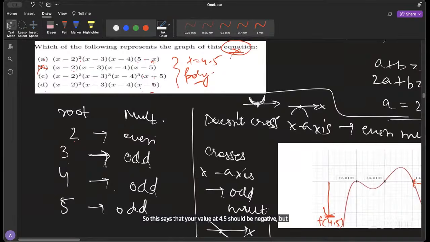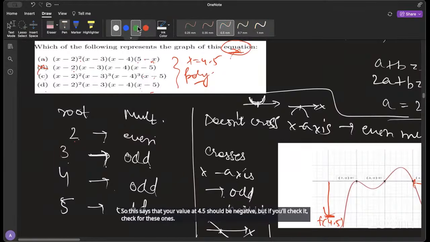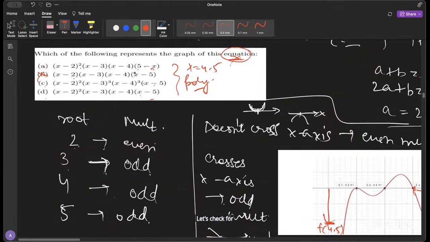But let's check the first option. If I put in 4.5, then 4.5 minus 3 is positive, 4.5 minus 4 is positive, and 5 minus 4.5 is positive again.